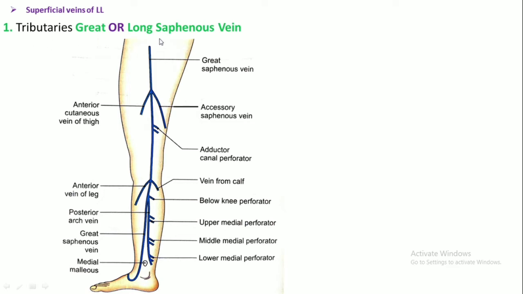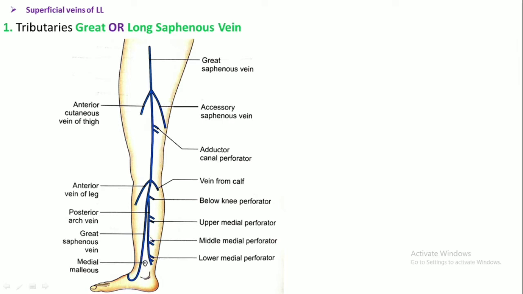What are the tributaries of the long saphenous vein? Here this is the great saphenous vein. Along the course there are several veins which drain into the great saphenous vein. Here you can see there are so many veins.